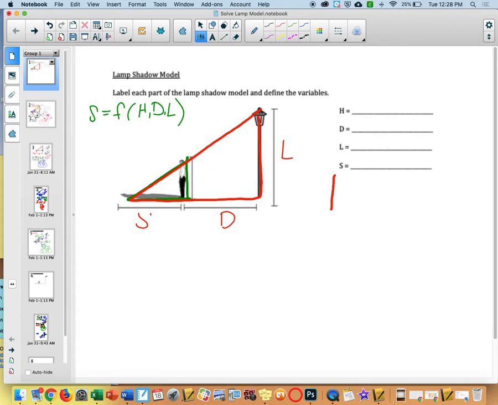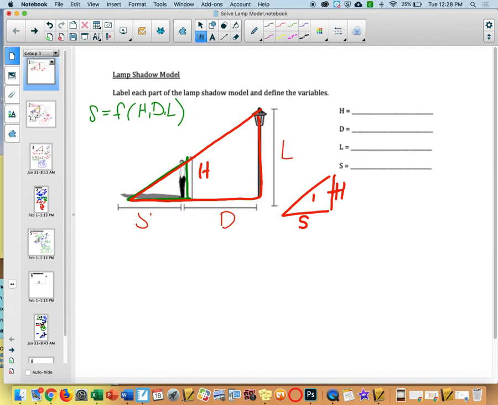So little triangle 1, okay? Little triangle 1, would you agree, has length of the bottom is an S. The height of the person was that variable H. Okay?